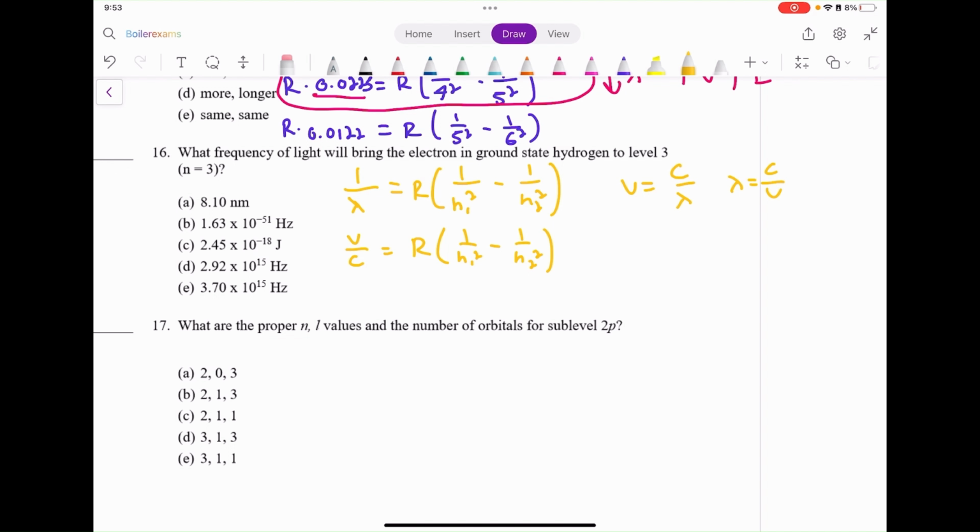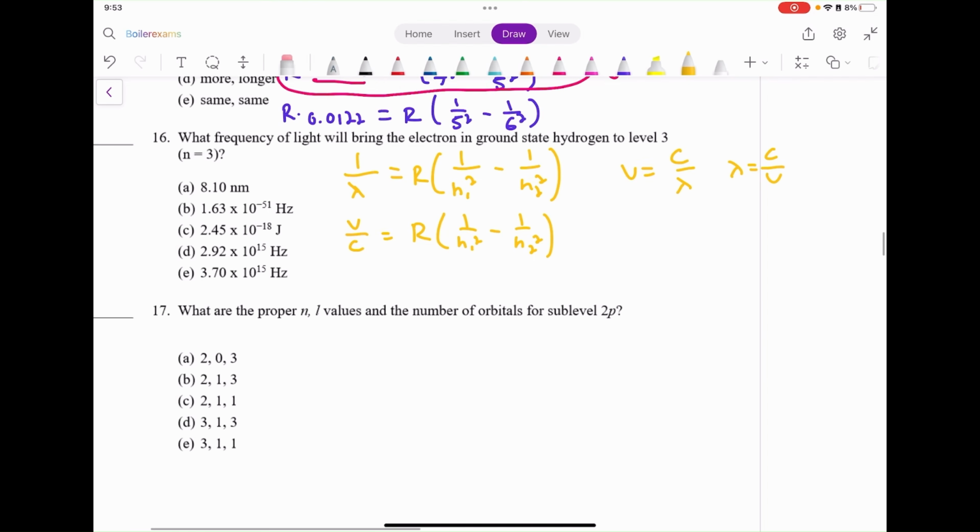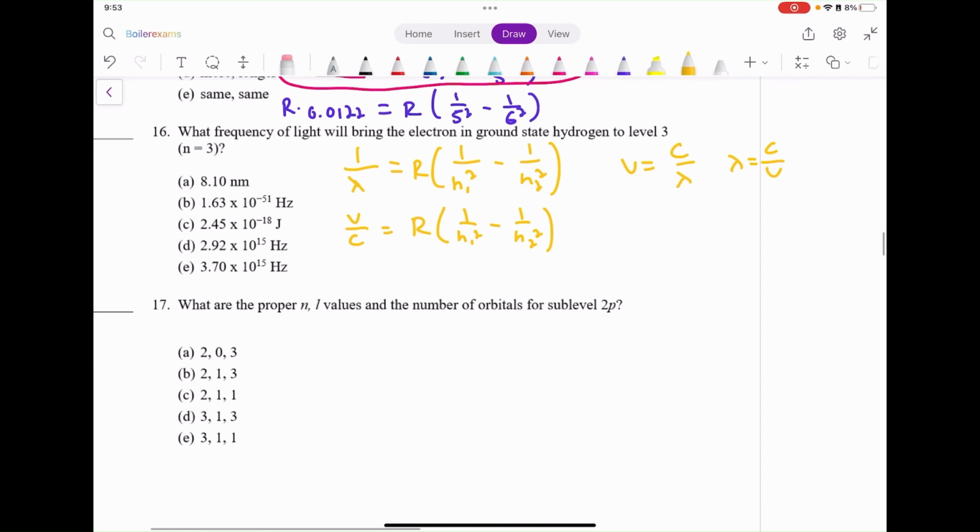And I want to bring the electron from ground state, which is the first energy level, to level 3. So, let's see here. I'm going to multiply over the speed of light, and I'm going to start plugging everything in.